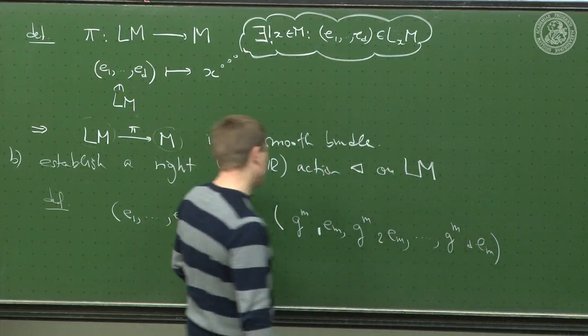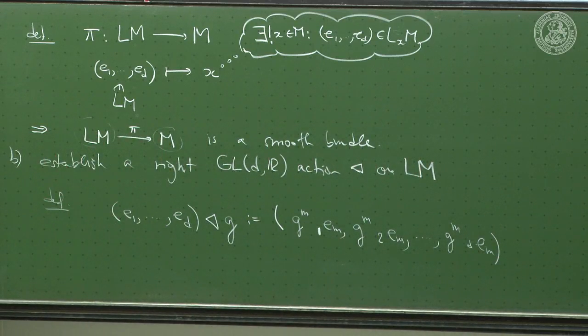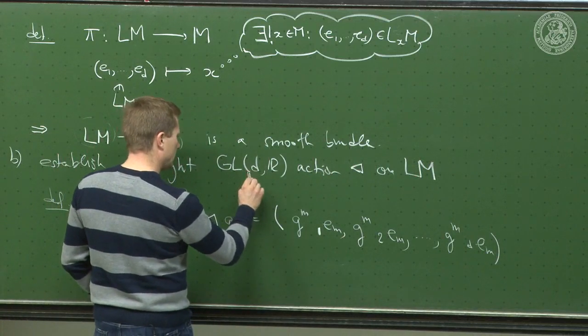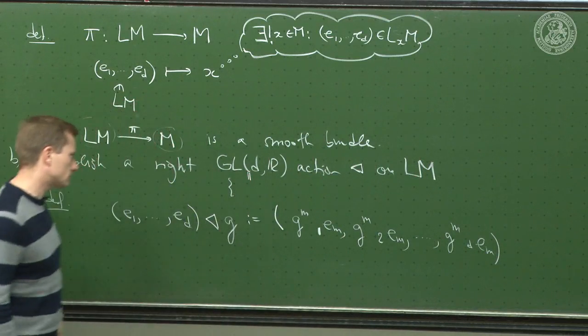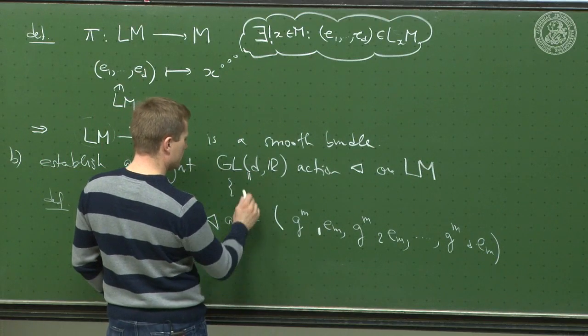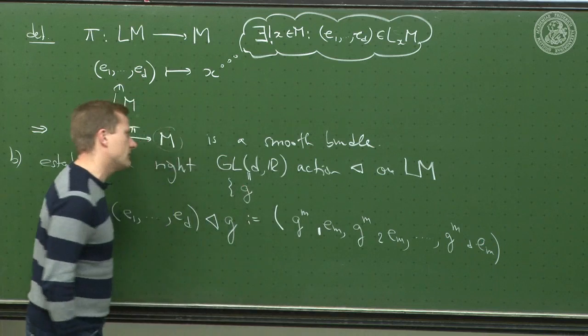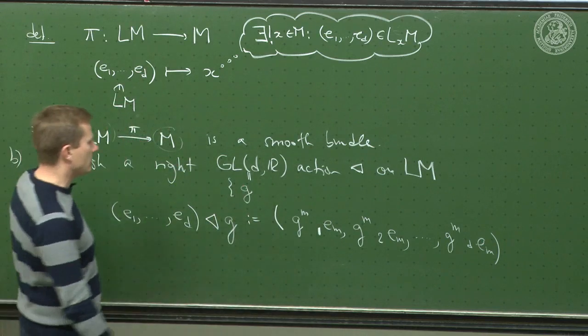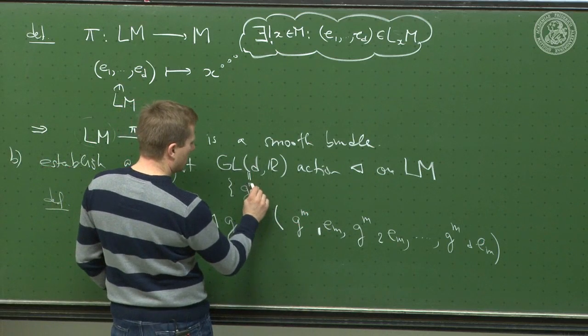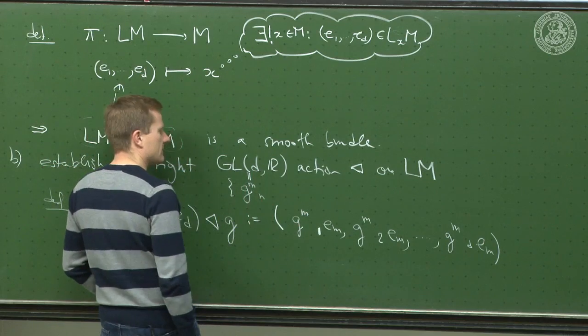Okay, what are these g^m_1s, g^m_2s, and so on? GL(d) is all the endomorphisms from R^d to R^d, which in this case, for simplicity, but this is perfectly fine, we already represent by their matrices.